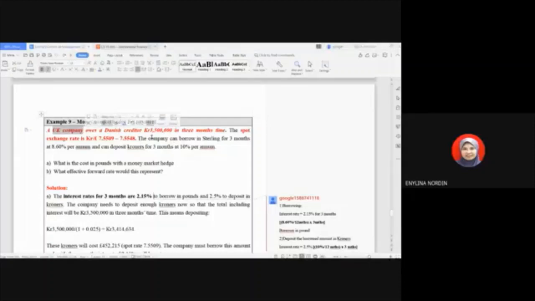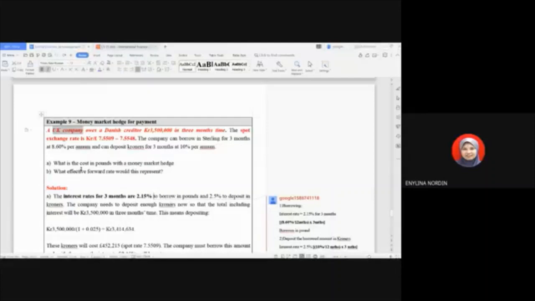The company can borrow in sterling for 3 months at 8.6% per annum, so this is the domestic interest rate in the UK. At the same time, the interest rate in Denmark is 10% per annum. So this is the foreign interest rate.